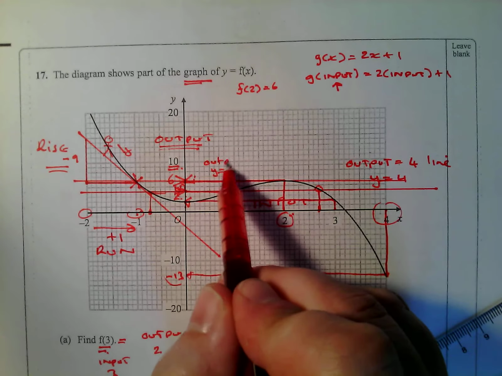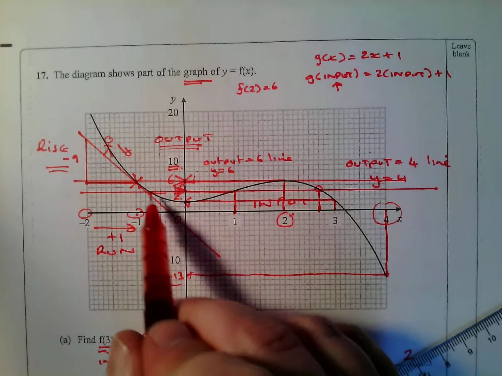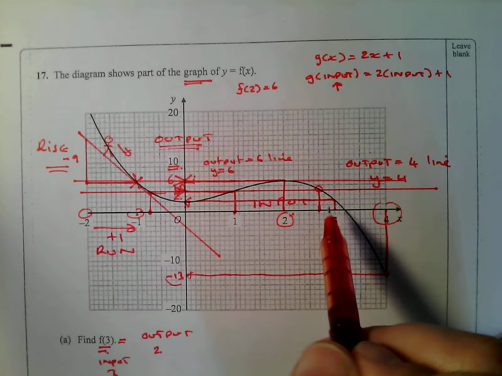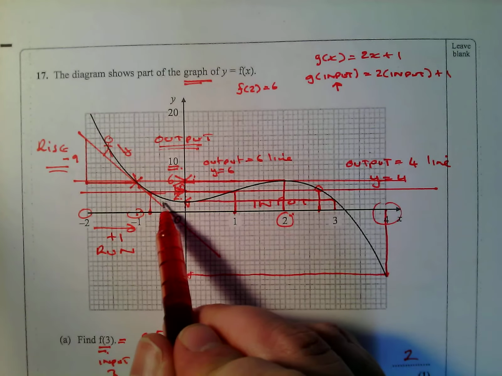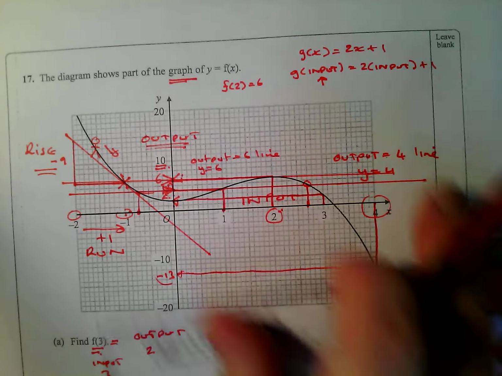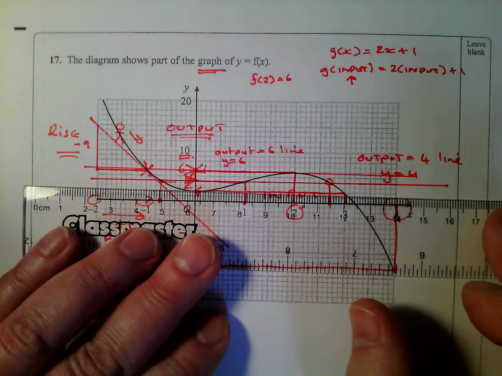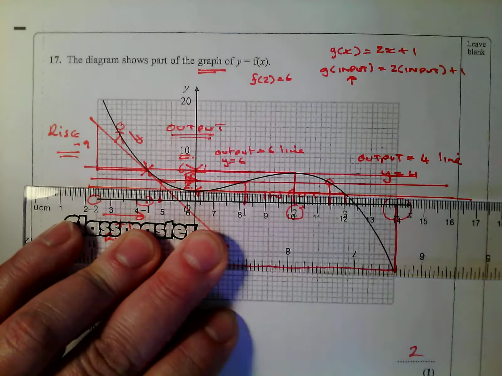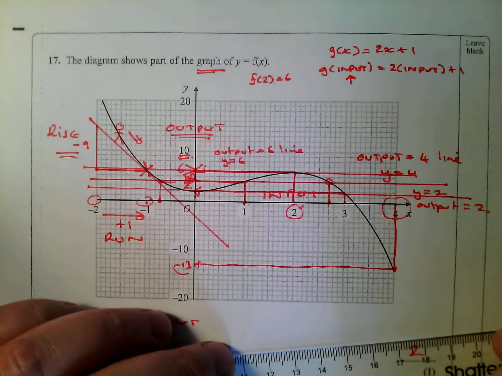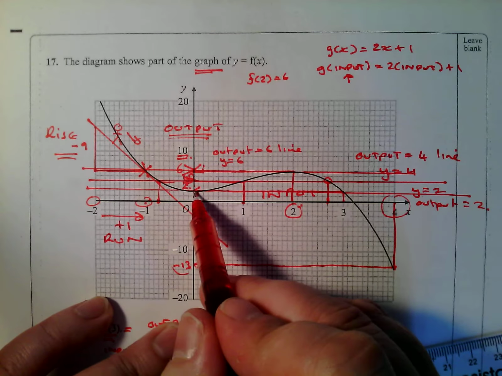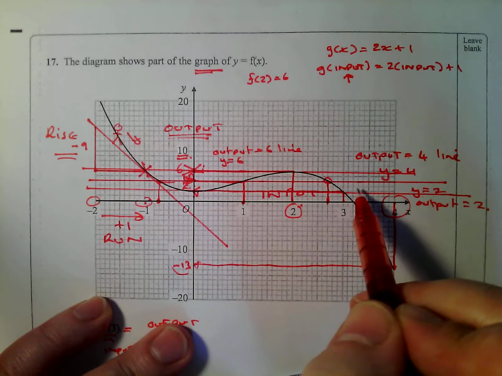Just about there where that graph is would generate an output of 2, and so would this. But what are they talking about? Some sort of inequality. Well, if I raise the y equals 4 line, the output equals 4 line, to 6, at 6 I get 2 solutions, because I get this one from x equals 2, and x equals -1 would also give me an output of 6.